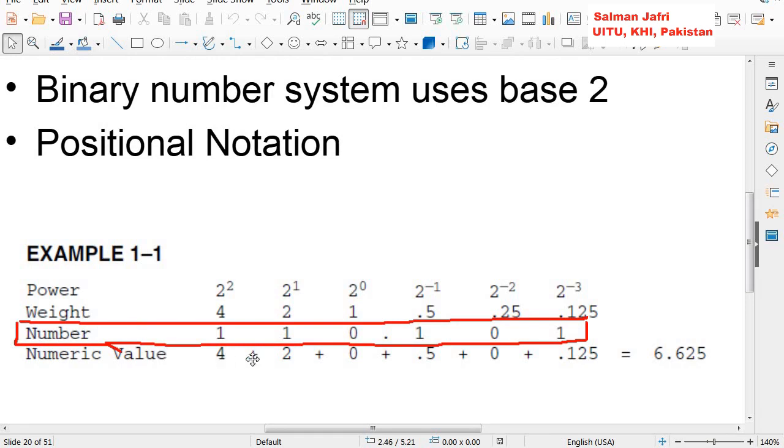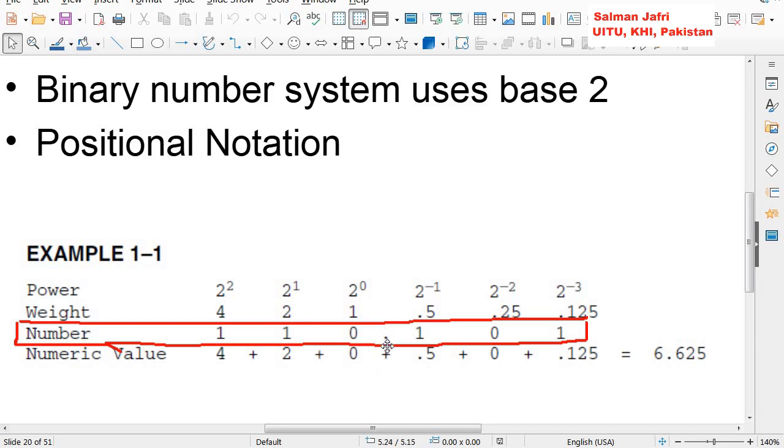Let's say we have this number, which is 110.101. We want to convert this number from binary form to decimal form. So how can we do that? We can use the positional notation. And what does the positional notation say?